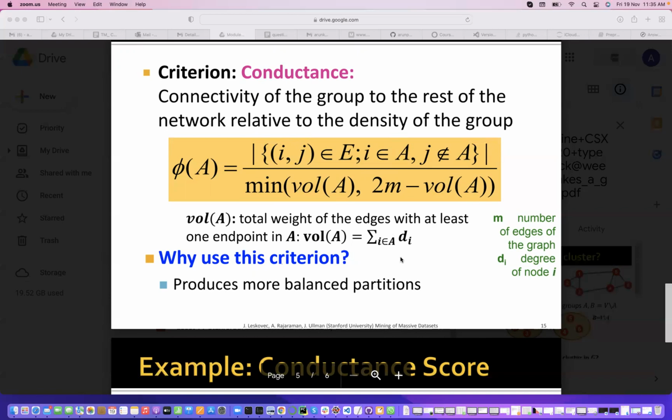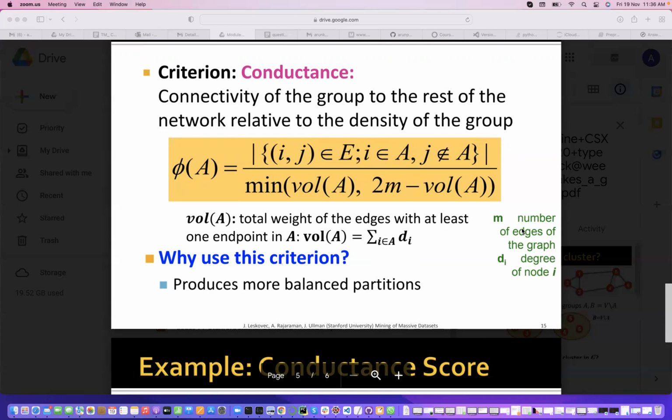Then what is 2m minus volume of A? What is 2m first? M is the number of edges of the graph. So 2m is twice the number of edges in the graph, right?